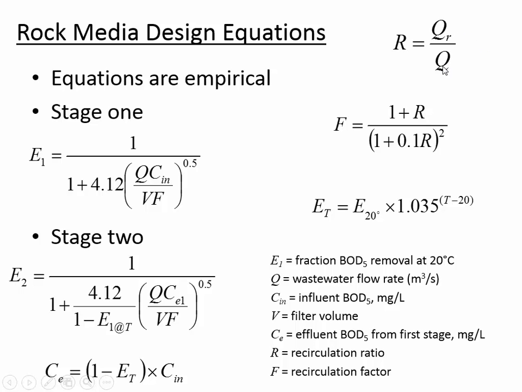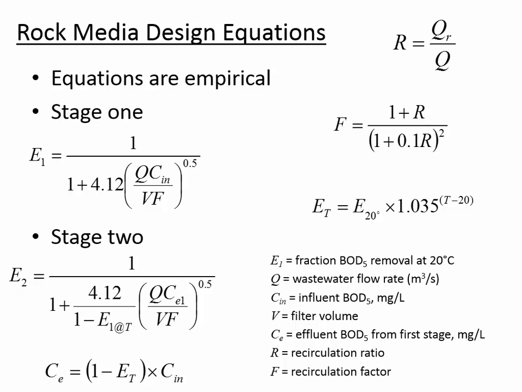So what you do first of all, with the given flow rates, you're given a recirculation flow rate and the hydraulic loading rate through the reactor Q, so you find R. With the recirculation ratio R, you find the recirculation factor, and then that's when you can find the efficiency of the removal. And the removal efficiency is how you calculate the concentration of the effluent: 1 minus the efficiency multiplied by the concentration of the substrate coming in gives you the effluent concentration.